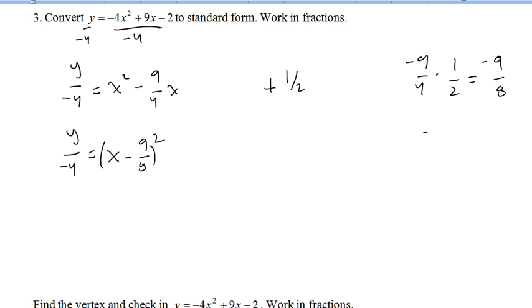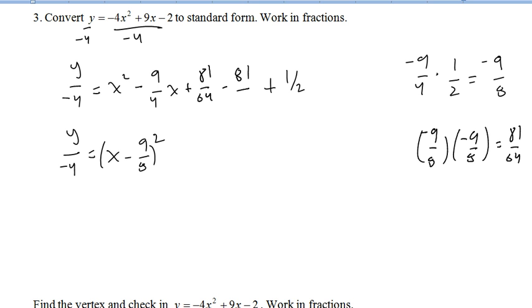And now I need -9 over 8 times itself. And that's going to be 81 over 64. And now I need -81 over 64 plus a half.